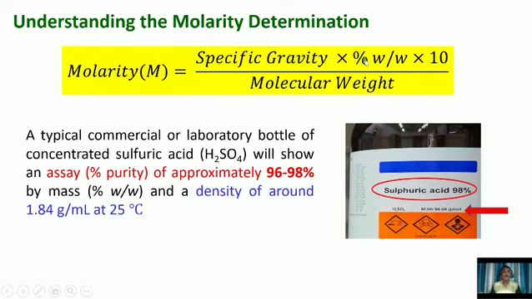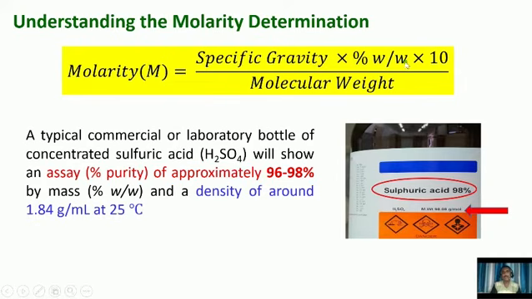Okay, now let's have a look at the molarity calculation of H2SO4, or molarity determination of H2SO4. You can see that here I have shown a bottle. In the red circle I have shown sulfuric acid, and its percentage purity is given, that is 98%. The percentage purity is also called assay, and it is the percent weight by weight.